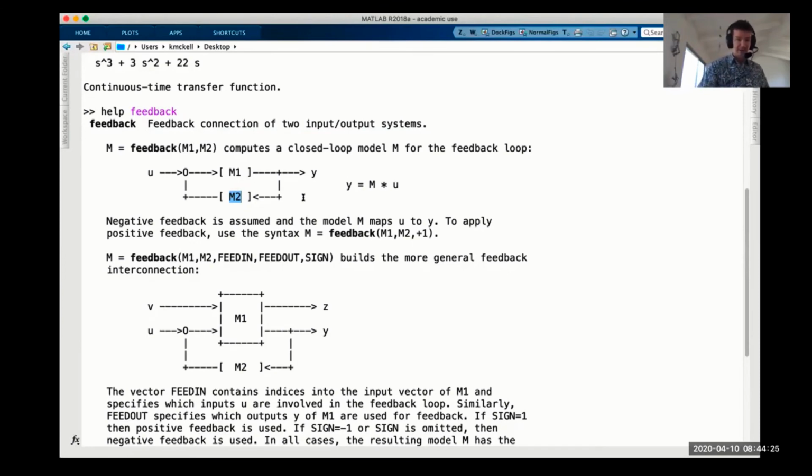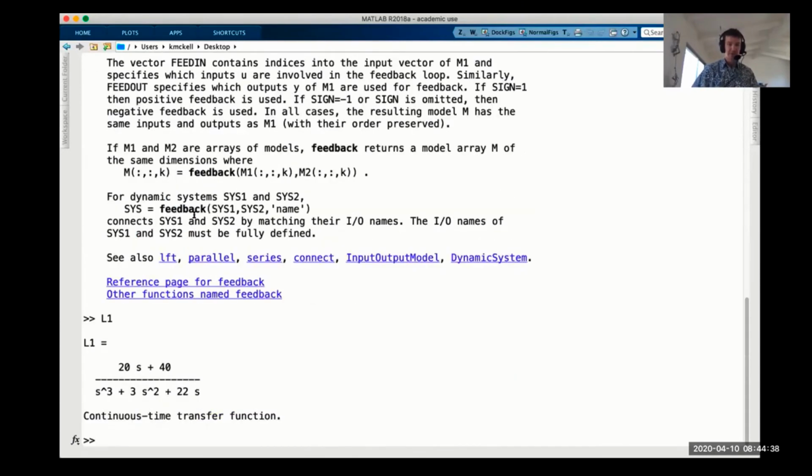I love the Matlab help files. They're filled with these little ASCII art diagrams, super old school. And then the assumption is negative feedback, which is exactly what we wanted in this case. Okay, so to remind you, Matlab tells us that the loop 1 transfer function is this, and I think if you were to reduce what I did on the whiteboard, you would get the same answer.